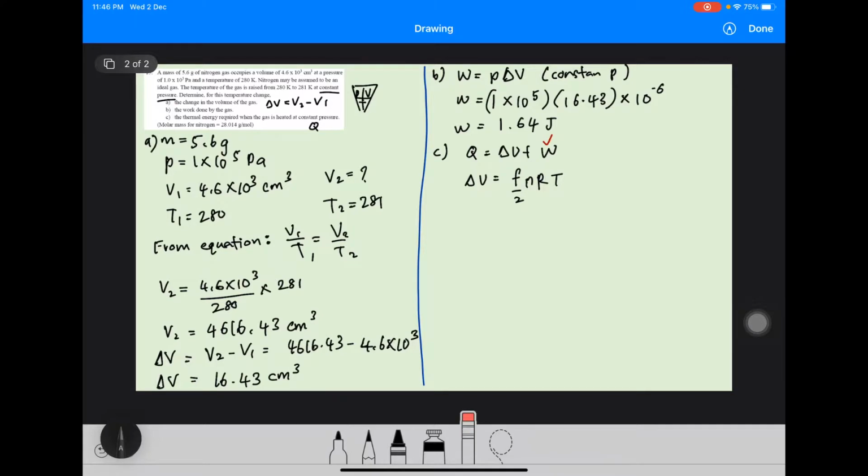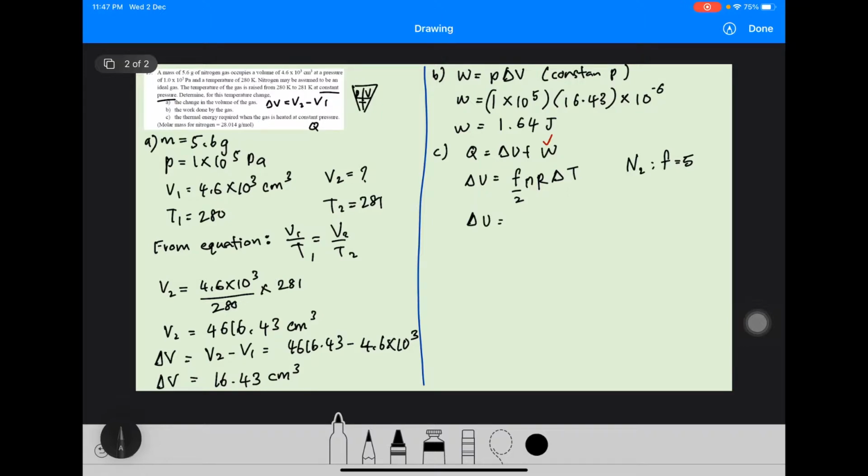Okay, before I forget, since this one is delta U, I should use delta T. Okay, if you're talking about nitrogen gas, f is equal to 5, because this one is basically diatomic molecules.